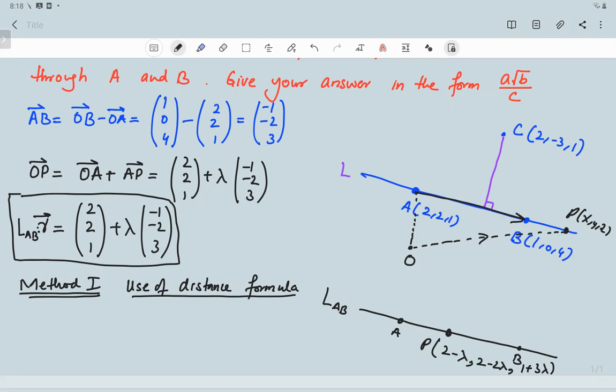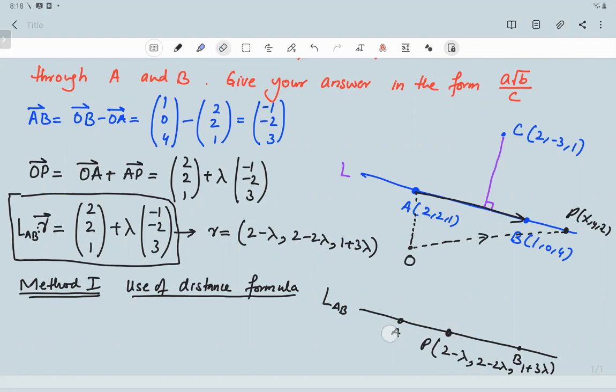These are the coordinates of a general point on the line. We can work these points out from this equation. So the coordinates of point P are written over here.